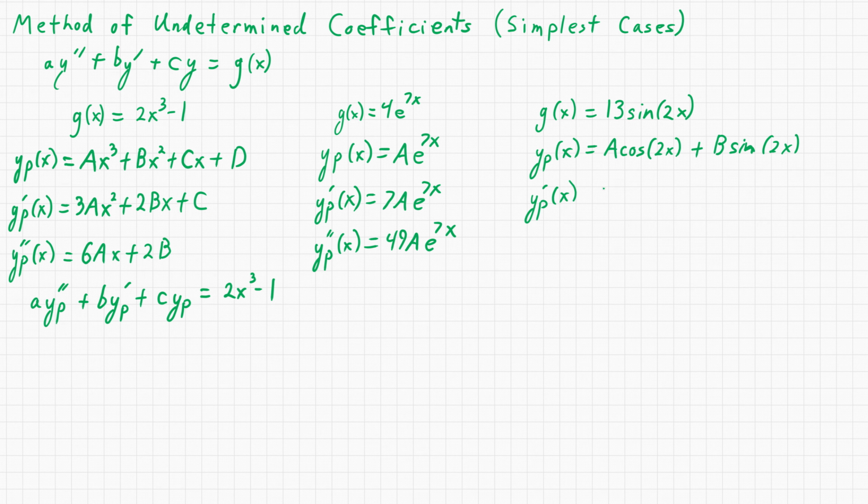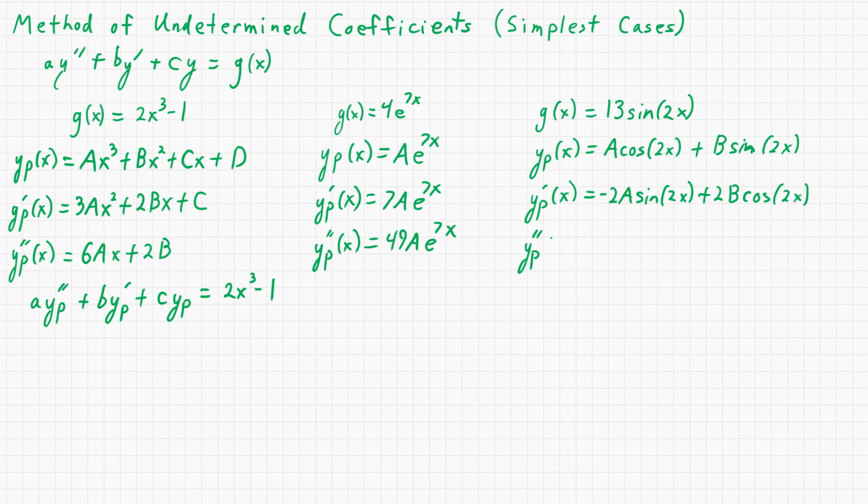But y particular prime of x is going to equal, let's see here, 2 pops out from the chain rule, the cosine gets a negative, so we get negative 2A sine of 2x, and then we get a plus 2B cosine of 2x.